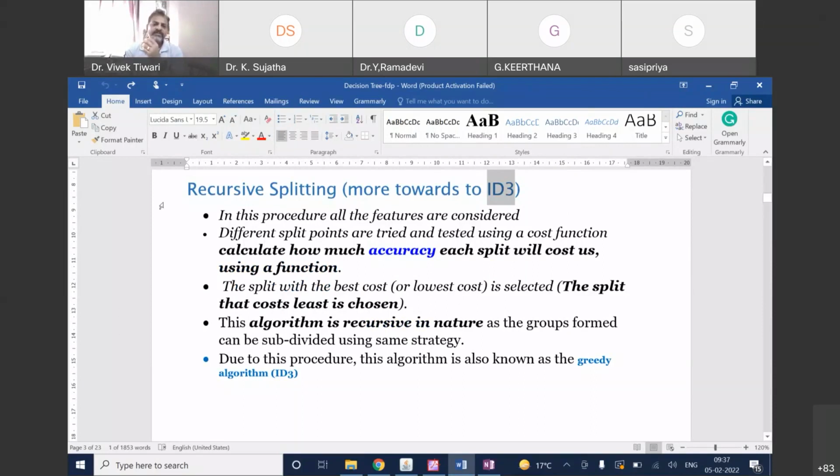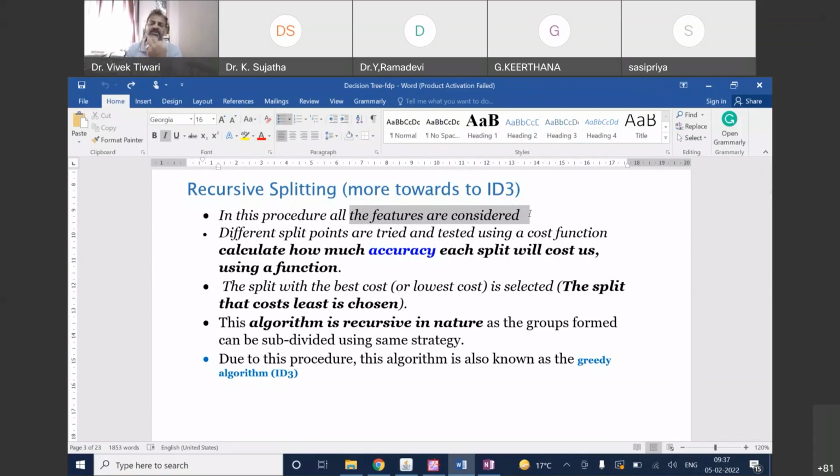So try to understand the concept of recursive splitting. In this procedure, entropy will come, Gini index, everything will come. Yes, we need to calculate the entropy. In this procedure, all the features are considered. You can't discard any based on your choice or your understanding.